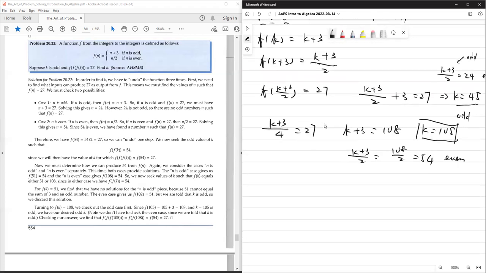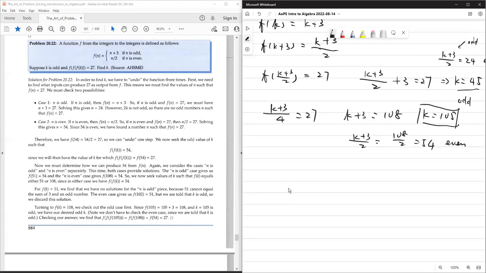Now I'm looking at the book. Since we have one more minute left, we can go through the book solution. The book solution goes backwards. It's not unnesting; it's solving from the outside and going backwards. So there are two cases. We start with f of n equals 27.